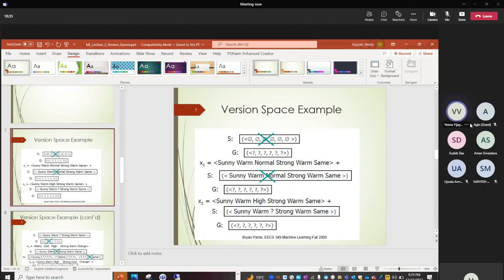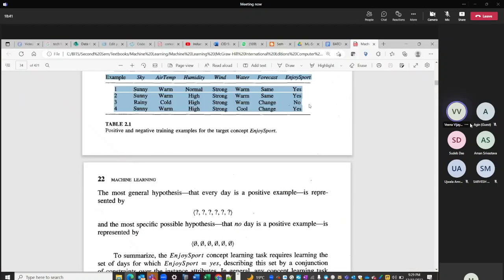If you remember, let me go back to that. The first case we are taking is positive, second is positive, third is negative, fourth is positive. Yes, we are taking the same example which we have seen in the Find-S algorithm for the candidate elimination also.